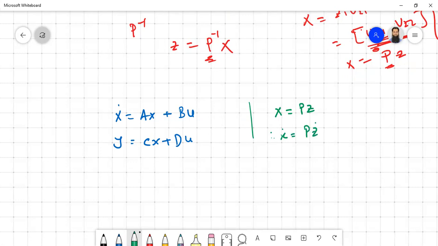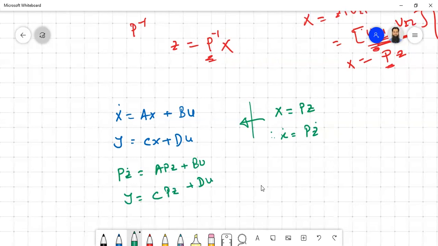If we plug these into the equations, we find P z dot equals A P z plus Bu, and in the output equation, y equals C P z plus Du.